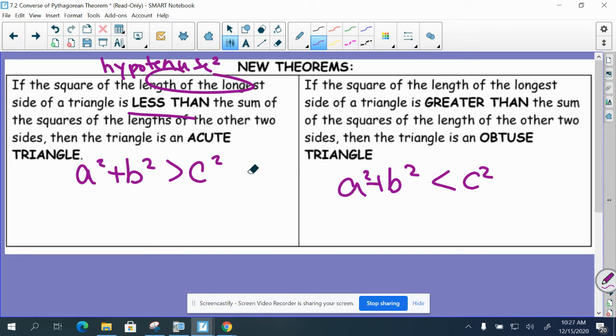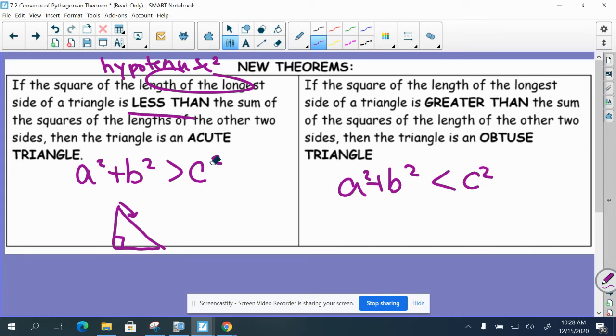So how do you figure that? Well, for this, think about a right triangle here for a moment. Just pretend this is a right triangle. Okay, so right now, as a right triangle, the hypotenuse squared is equal to these two sides squared. But the smaller we make this angle, the smaller the hypotenuse is going to become, therefore making it an acute triangle.